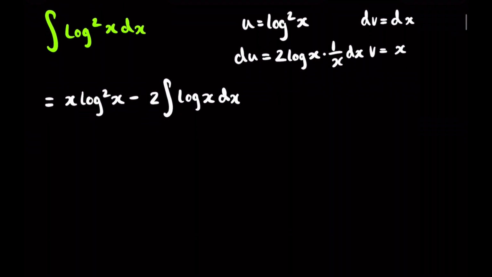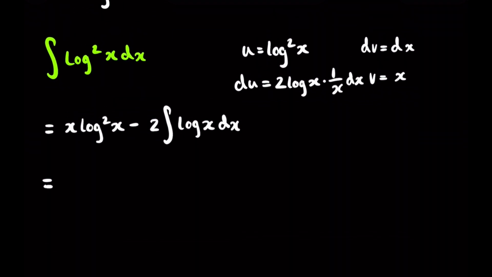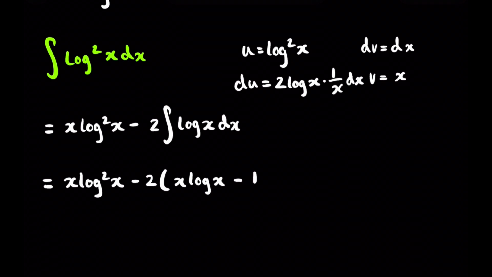And so what we get here is x log squared of x minus 2 times the result from above, which is x log x minus 1 times x. Fantastic.